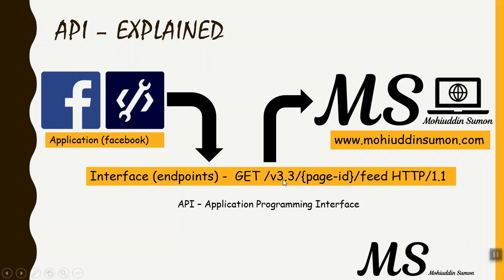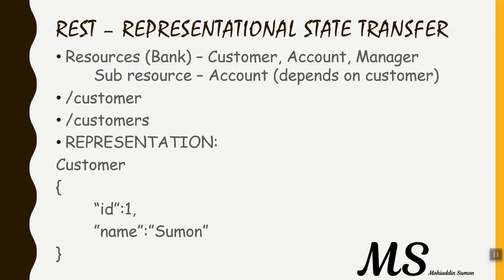So by programming we are using this interface. Thus this process became application programming interface. I hope you guys understand it. So API is clear. Now let's move on to the REST part.